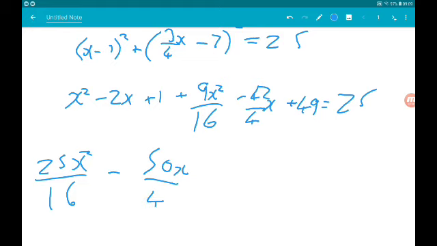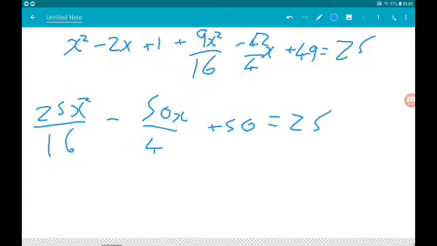And then we have 1 + 49, which is 50, and that is all equal to 25.